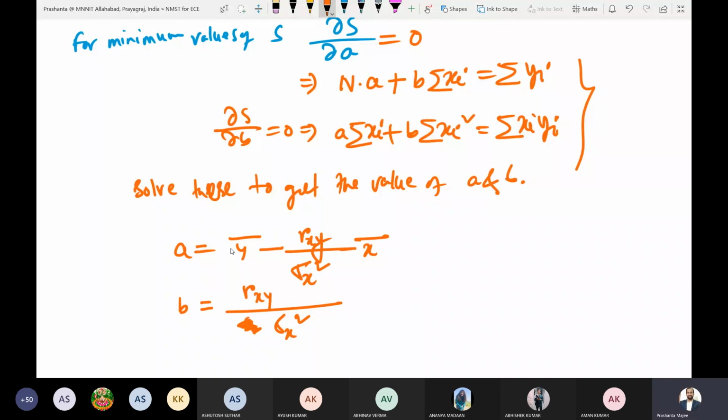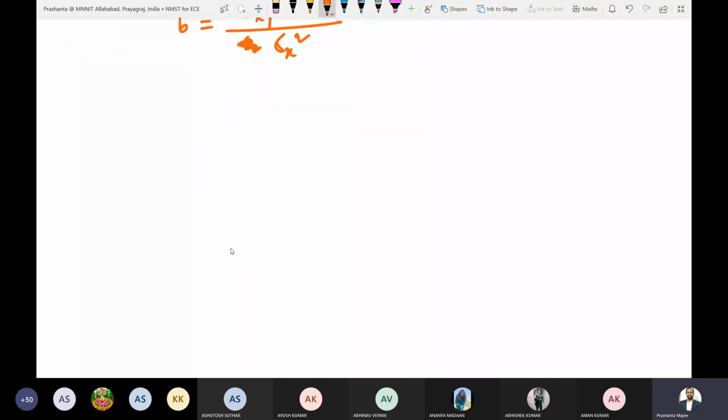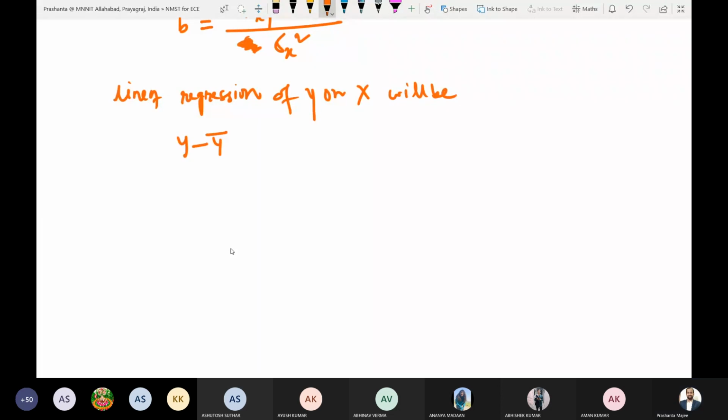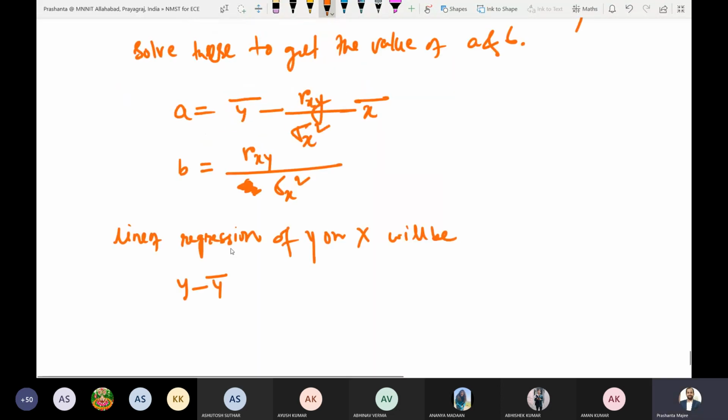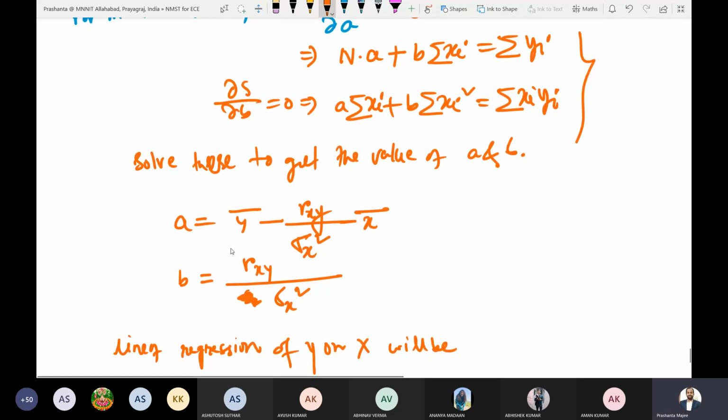So what will be the line of regression of y on x? Y minus y bar equals, you substitute the values of a and b and simplify.